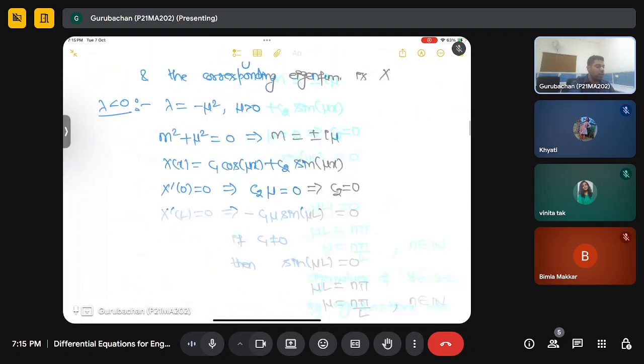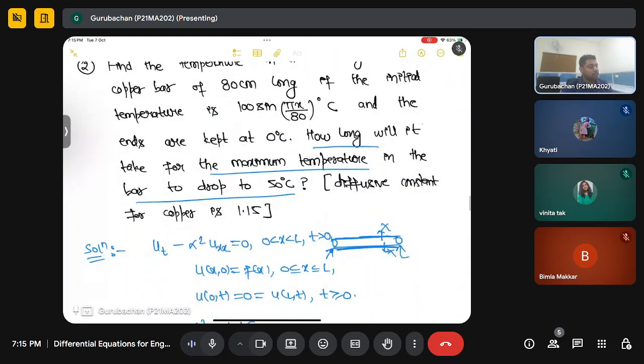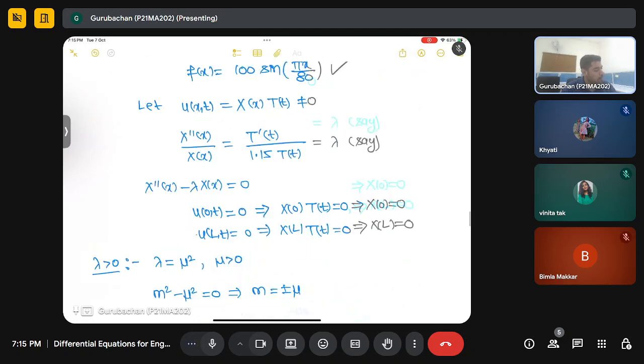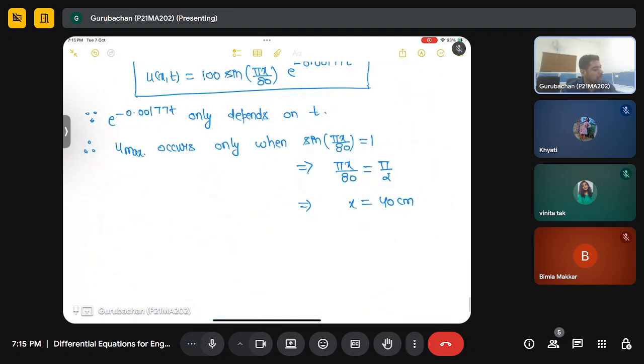Now you have got what the maximum temperature is. The next target is when this temperature drops to 50 degrees Celsius. So with respect to this u max, we are finding that value of x for which this gives the maximum value, x max.